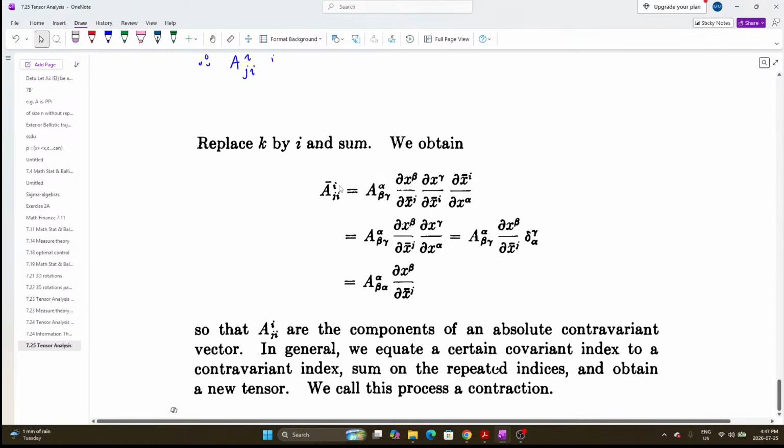By replacing, this is new, this is old, and this is d old over d new.